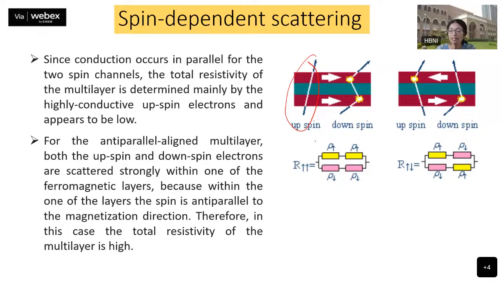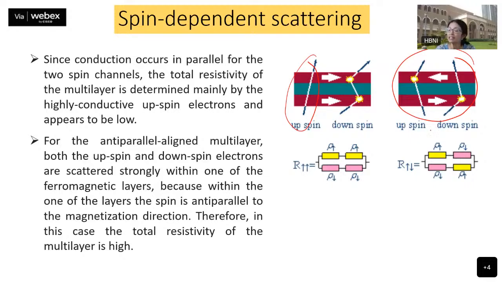But for the anti-parallel aligned magnetic multilayer, both the upspin and the downspin electrons are scattered strongly within one of the ferromagnetic layers, because within one of the layers the spin is anti-parallel to the magnetization direction. Therefore, in this case, the total resistivity of the multilayer is very high.